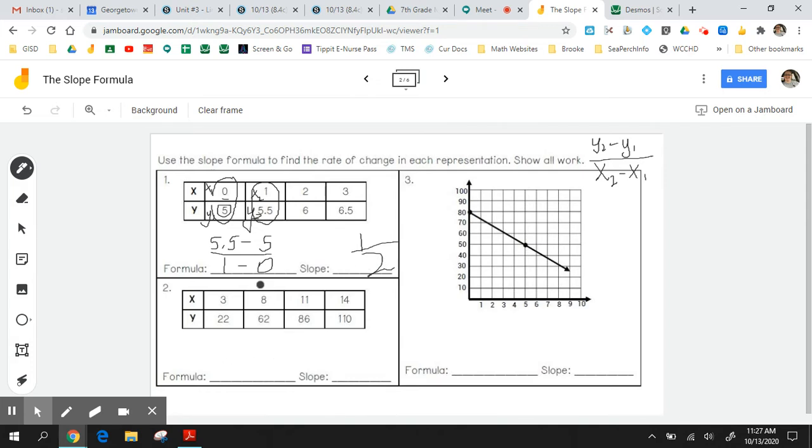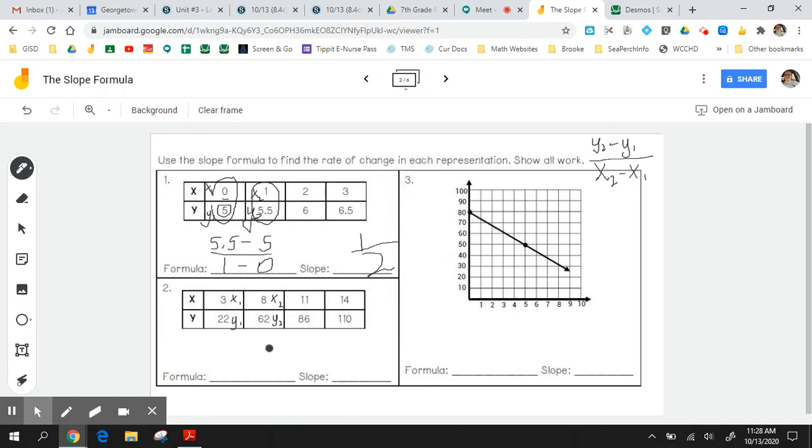So let's look at number 2. Again, we can choose any of these points to use. I'm going to go ahead and choose the first 2. So this is my x1 and my y1. Labeling when you're learning this will really help you keep them straight and put them in the correct spot. You're still going to probably make a mistake, but you'll have them labeled correctly.